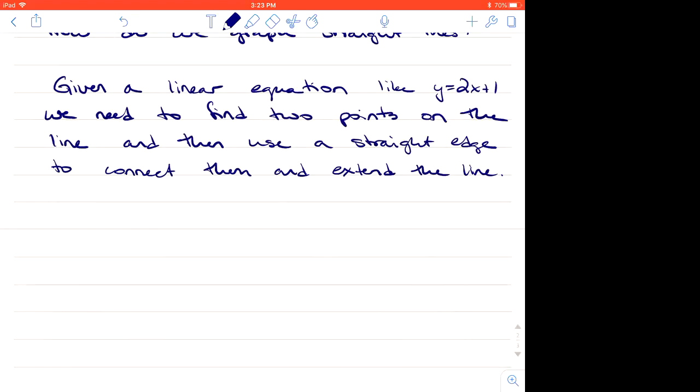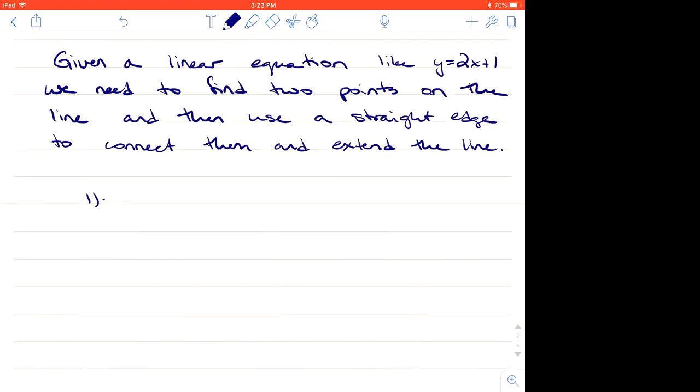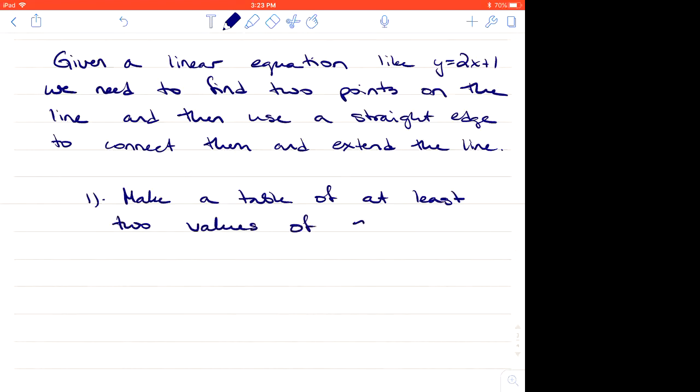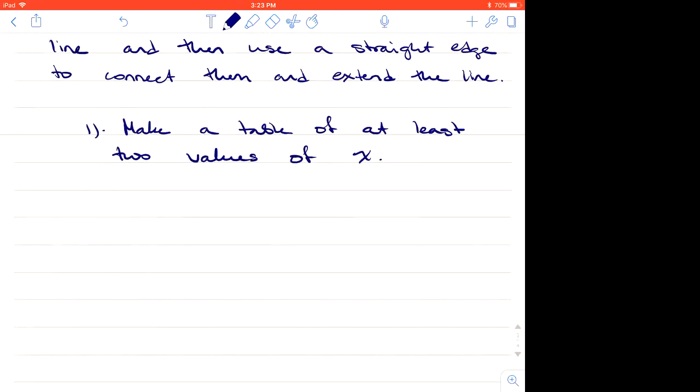Okay. So my first step is I make a table of at least 2 values of x. I'll do 2. Make a table of at least 2 values of x. Doesn't matter what x you pick.